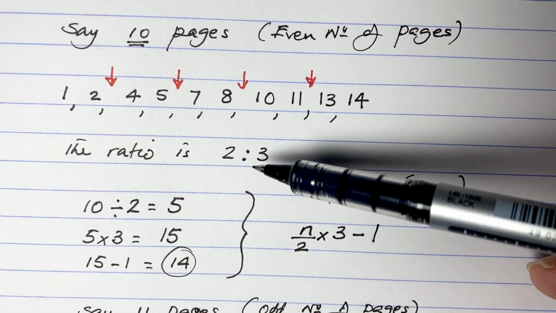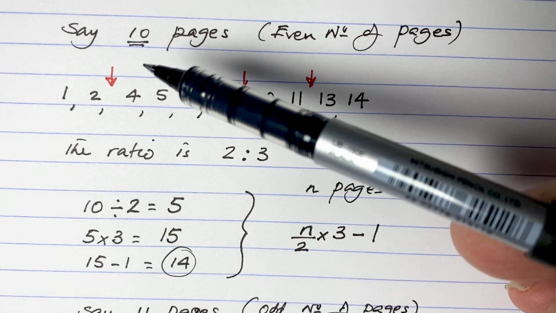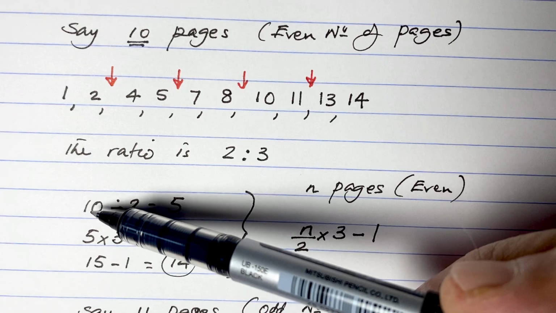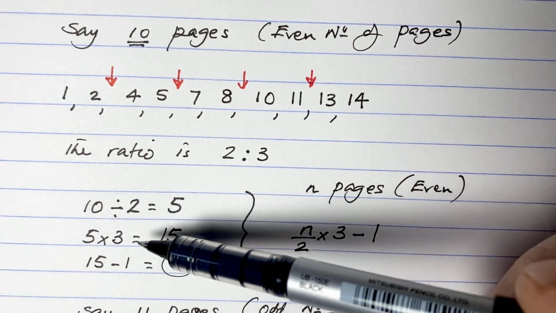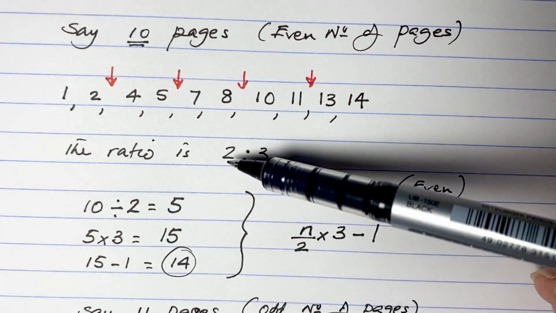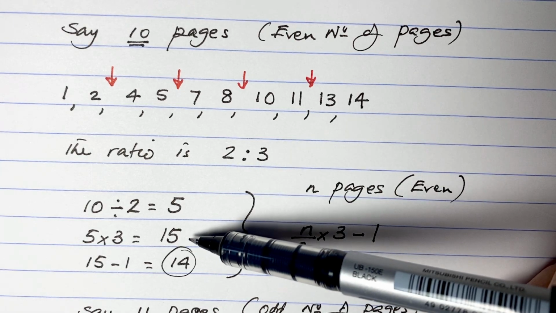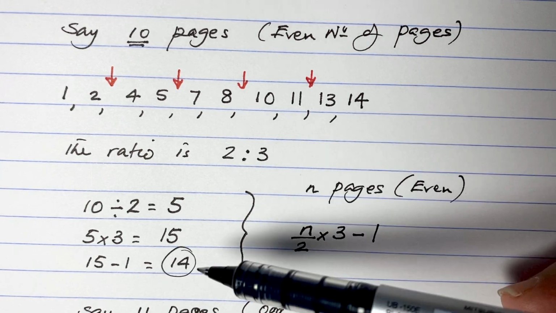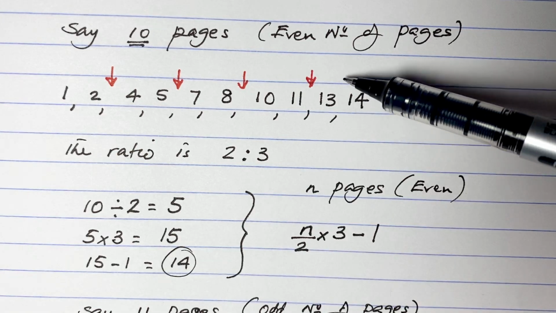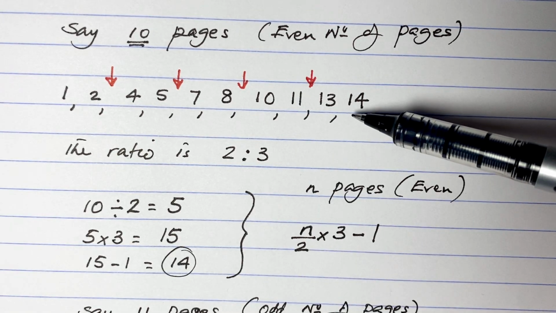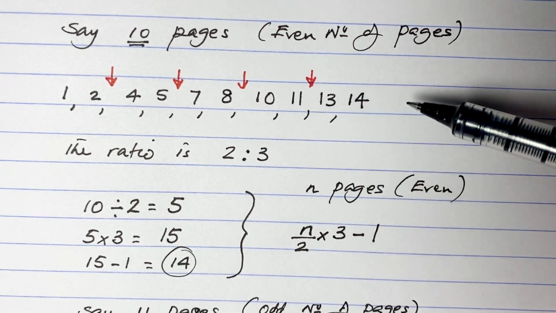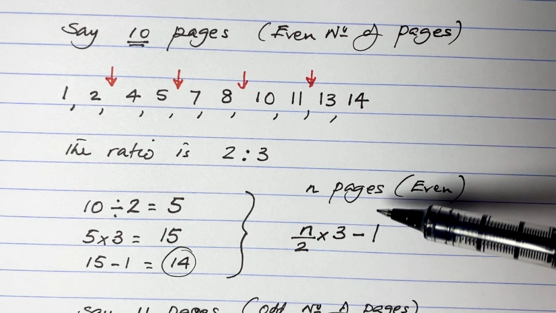And I used ratio 2 to 3 and using 10. And I realized if I divide by 2 times by 3, really I'm using the ratio 2 to 3. I ended with 15, where I needed 14. So by reducing 1, I achieved my number. And I tried this with another set of even number of pages, and it worked.